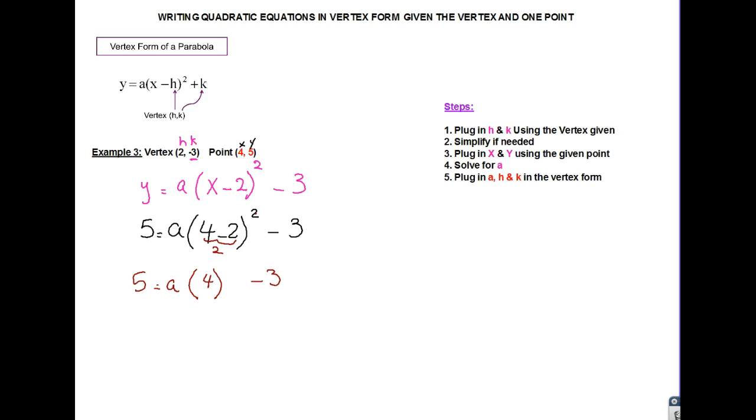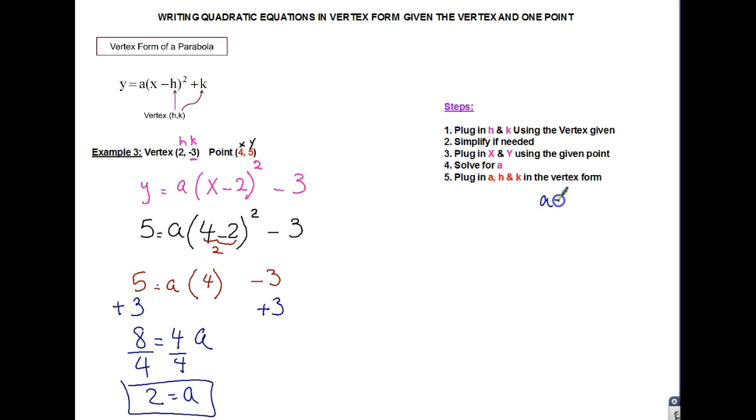Now let's solve for a using inverse operations. So I get rid of the negative 3 by adding 3 to both sides. So 8 equals 4a, divide by 4, divide by 4, a is 2. So I have a equals 2, h equals 2, and k equals negative 3.